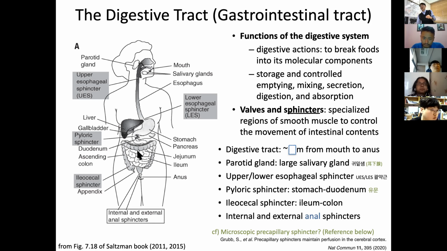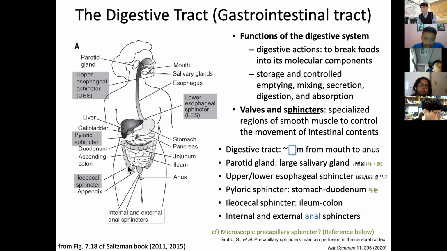And you have a small intestine, which is the duodenum, jejunum, ileum, and that connects to your large intestine. But the large intestine contains bacterial flora, which you never want to come back to the small intestine.